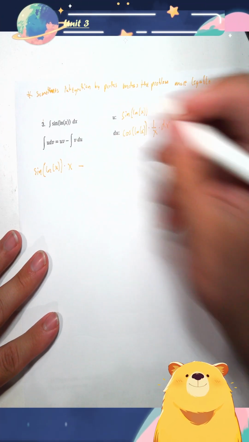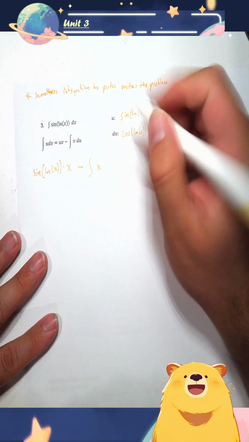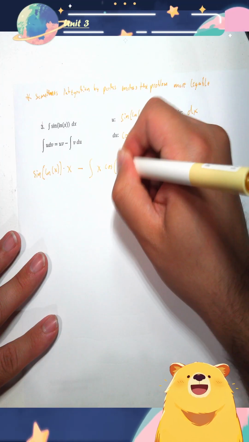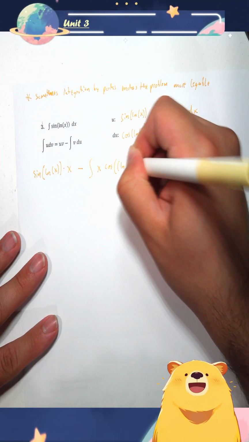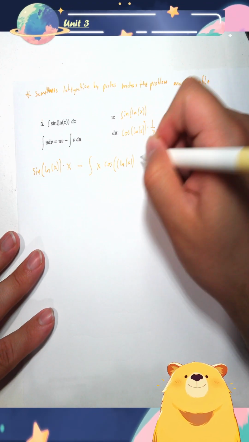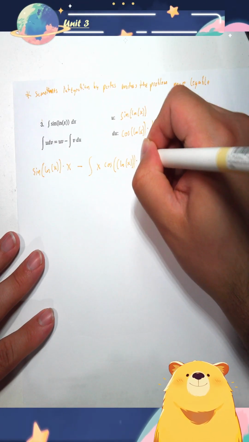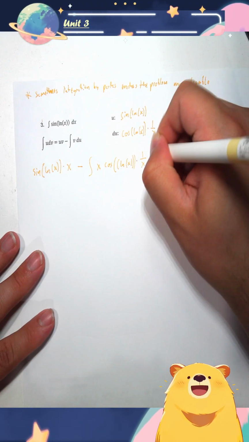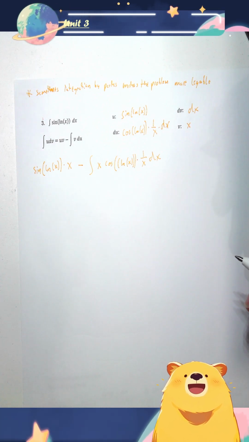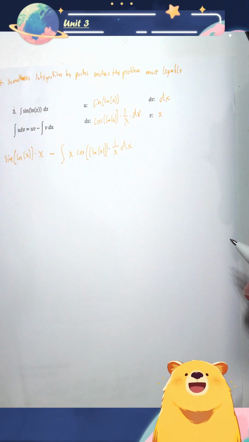So minus the integral of v, which is just x, times du, which is cosine of ln of x times 1 over x dx.